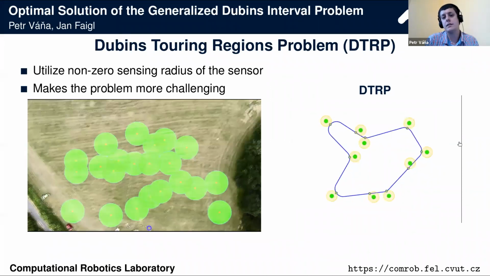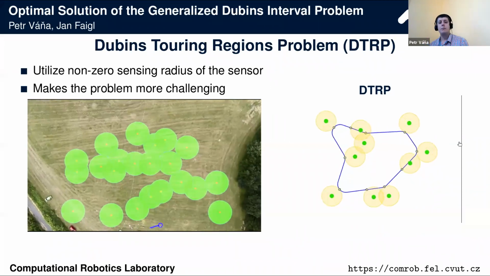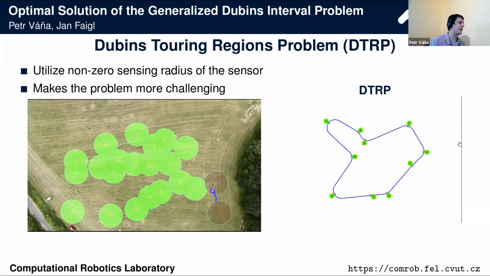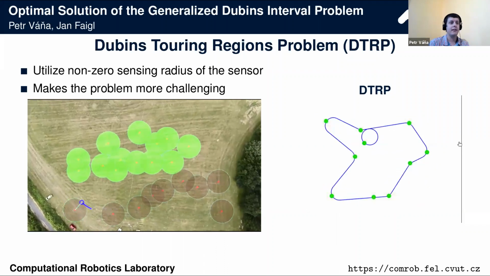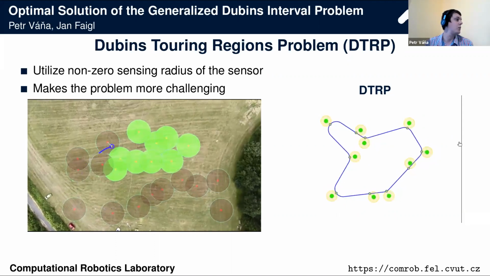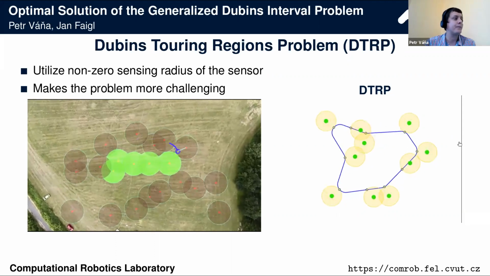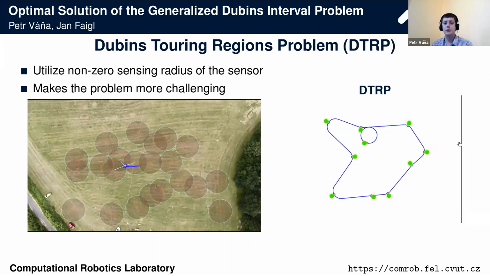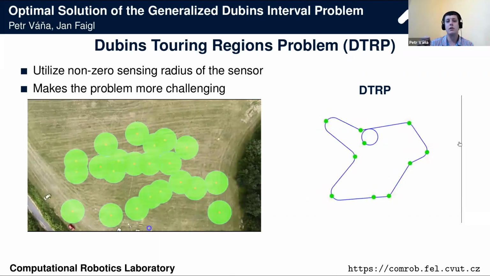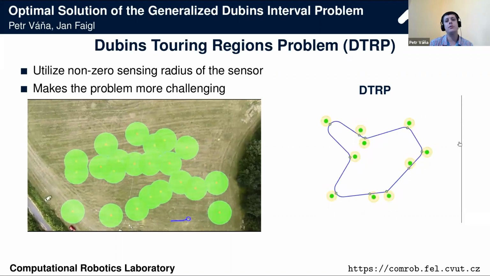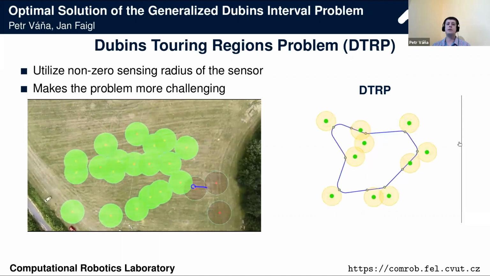So this was some kind of introduction for giving you info on what was done, before the paper which I want to present. So one thing we can do with aerial vehicles is not to visit the location exactly, but rather allow some kind of distance.